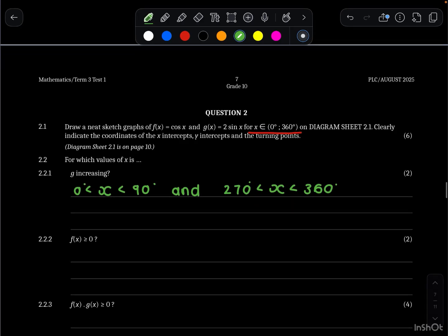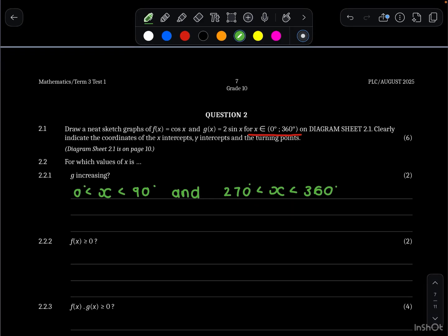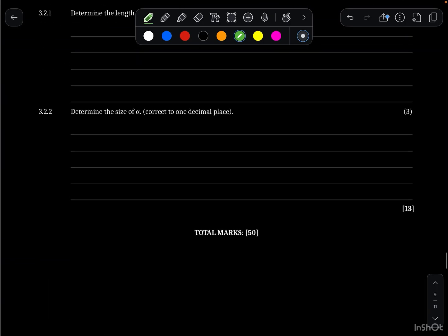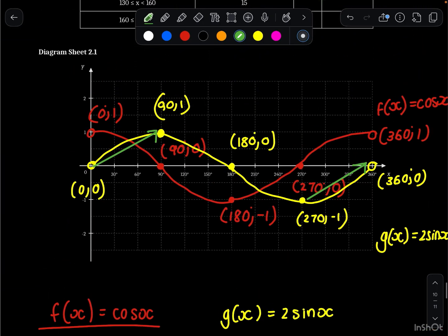And then where is the cos graph, f of x, greater than or equal to 0? Let's go look at that cos graph quick. So we're looking at the red one. Where is it greater than or equal to 0?